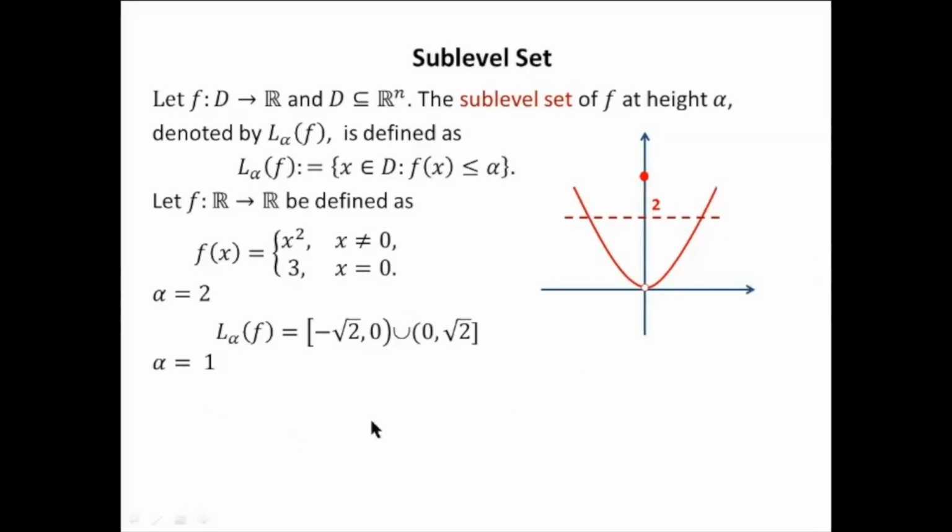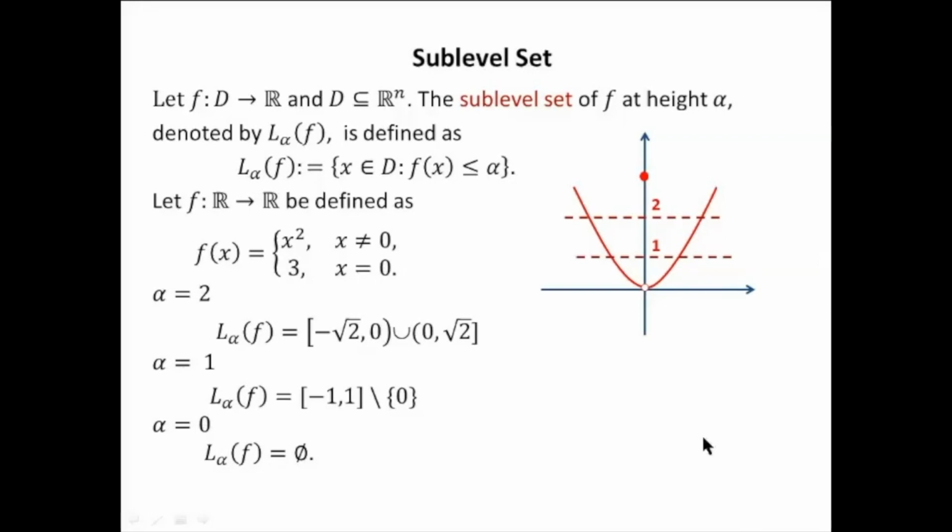Similarly, if I take alpha equal to 1, the level set is the closed interval minus 1 to 1 except 0. Also, if we take alpha equal to 0, it is easy to see that the sublevel set is empty. In fact, for every alpha strictly less than 0, the sublevel set is empty.